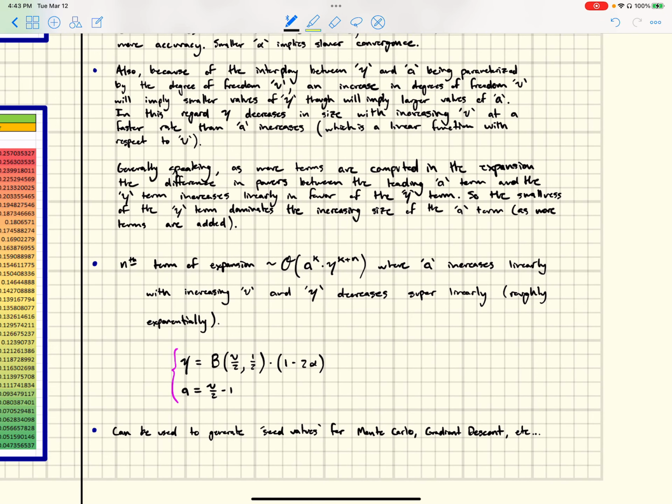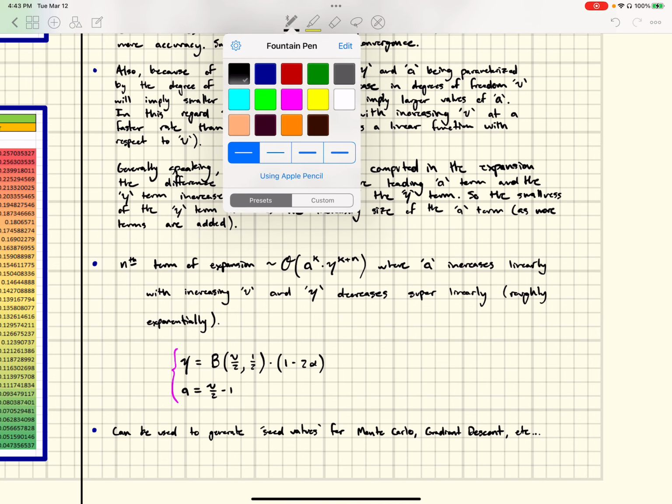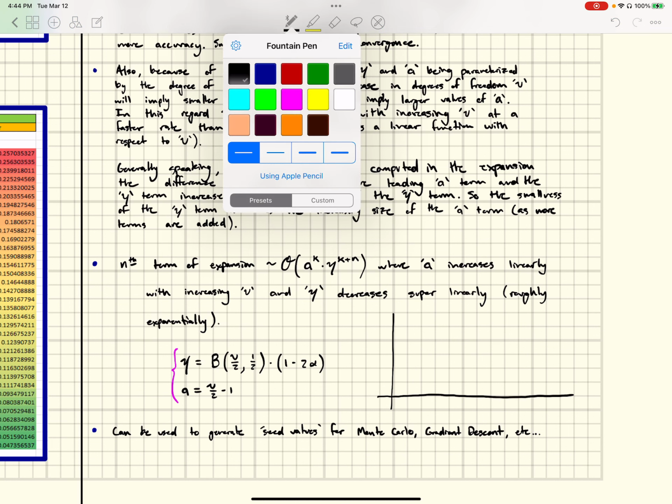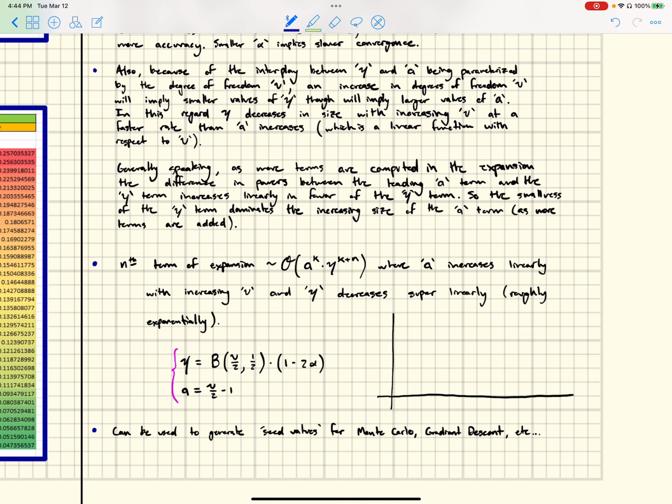And actually, I'll just draw this out real quick. Basically, what you're going to see, roughly speaking, as far as errors go, I'll put error at the top here, and then this is V for the degrees of freedom.